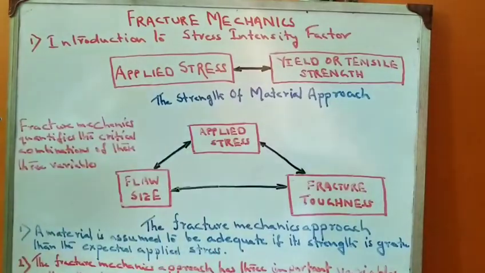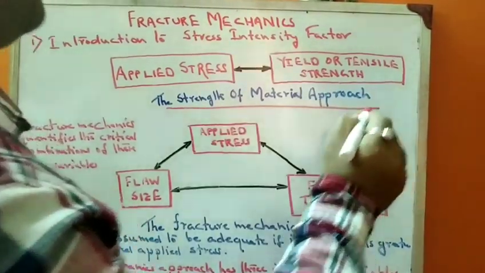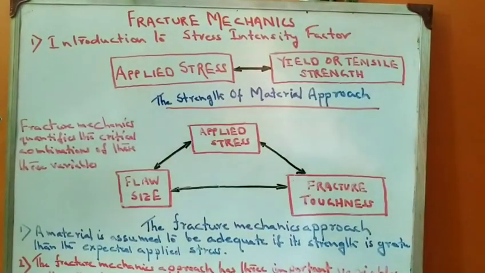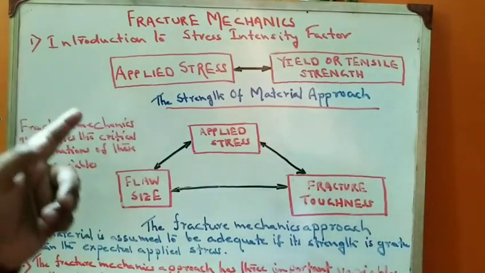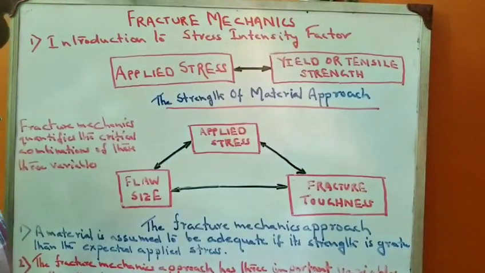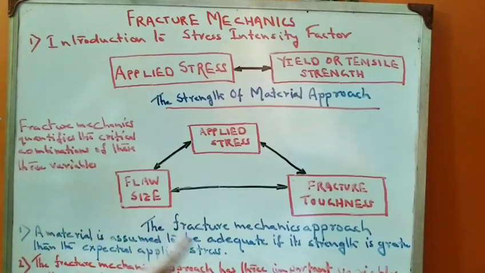If you go for the strength of material approach, there is the design based on applied stress and then the yield strength or tensile strength of the material. This means that a material is assumed to be adequate if its strength is greater than the expected applied stress. That is the normal assumption of the designer before the advent of the fracture mechanics way of thinking.